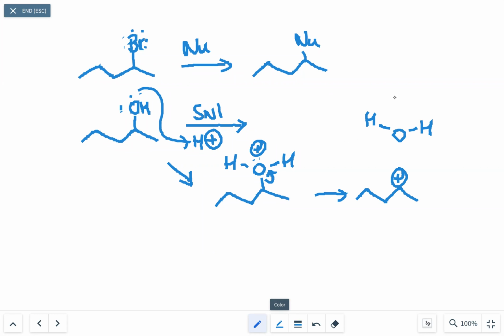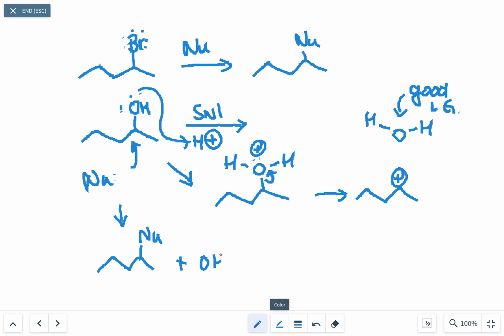So oxygen's actually a good, water is a good leaving group, but hydroxide's a bad leaving group. So you couldn't just use a nucleophile and come in and attack and do this. That is definitely not allowed, because hydroxide is a bad leaving group.